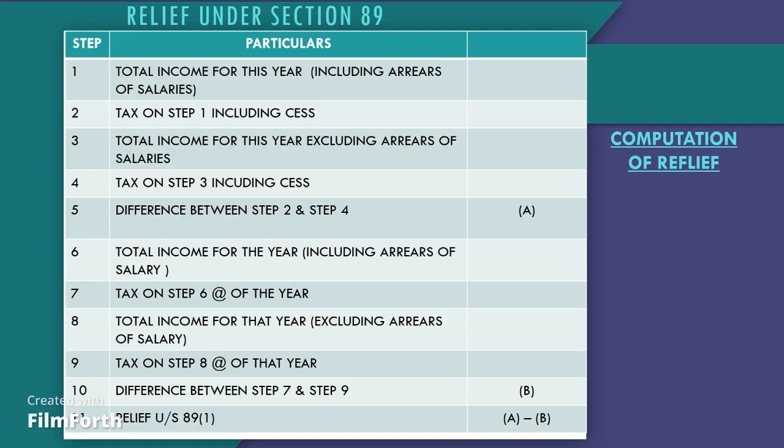Similar tax relief is extended to assessees who receive arrears of family pension as defined in the explanation to Clause (iii) of Section 57.